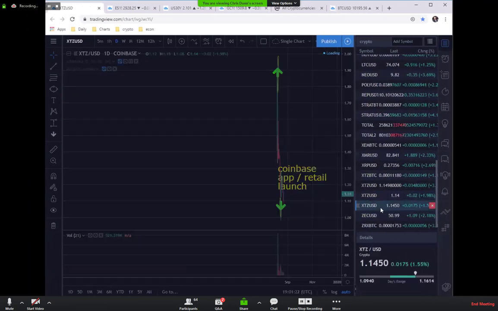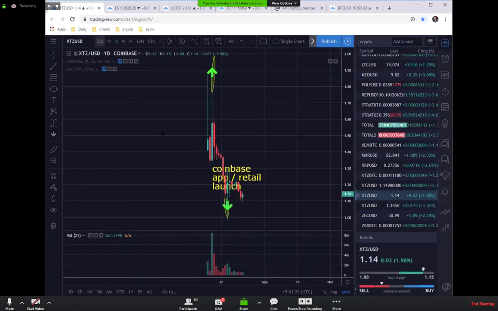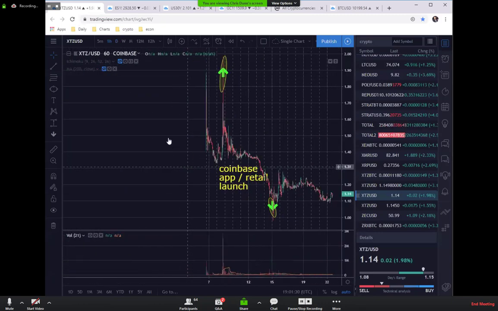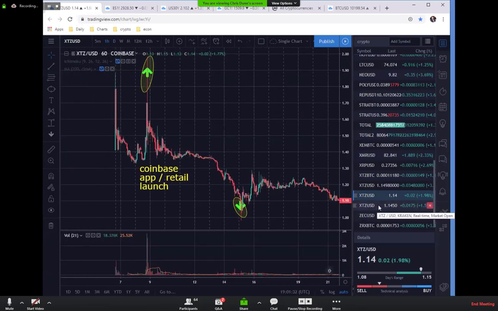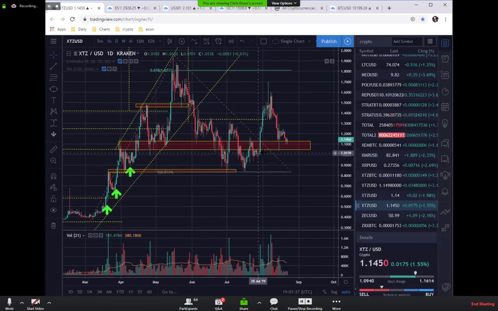Tezos has been kind of the one that has the most recent action. This is actually kind of funny. As a lot of you guys know, Tezos listed on Coinbase recently. And so here's kind of the story behind it. If you don't know, if we look at the daily chart, here's the Coinbase announcement.